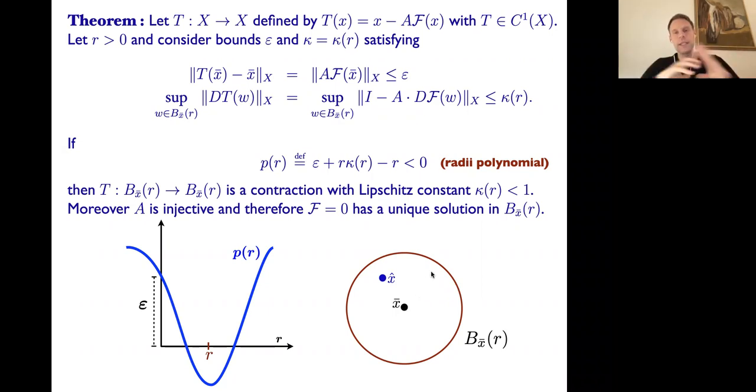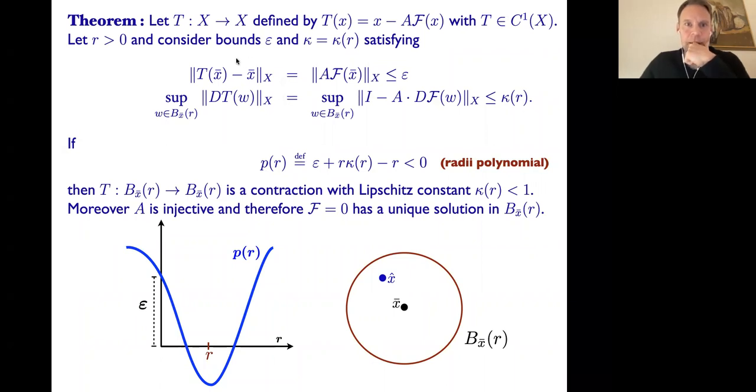It will be bigger than epsilon. But in practice, we have this recipe, right? We construct all the bounds, and then we find a positive r for which it is negative. So we have a strategy to compute this radius, which is not too small and not too large. I'm not sure if I answered the question.